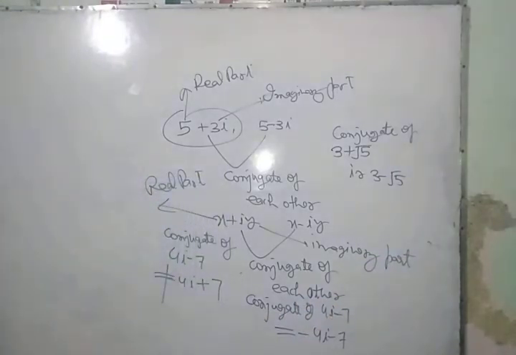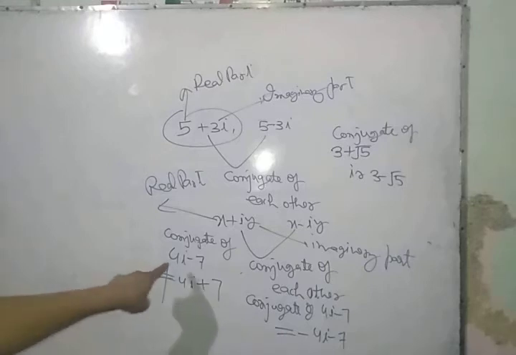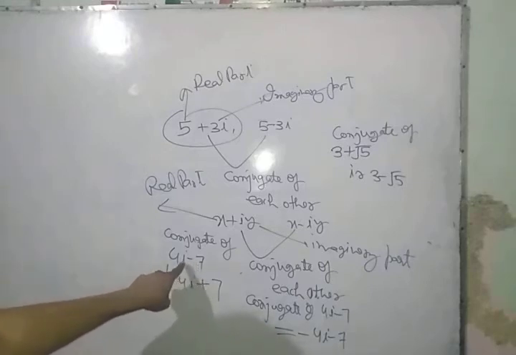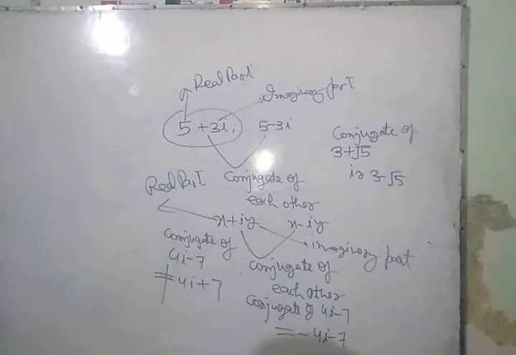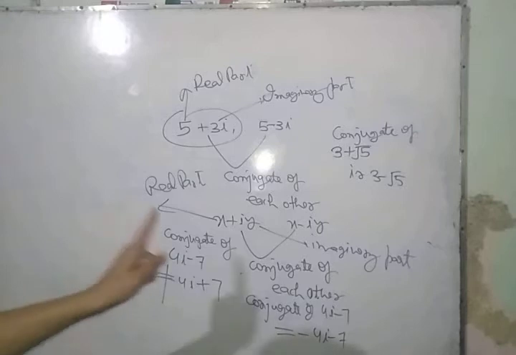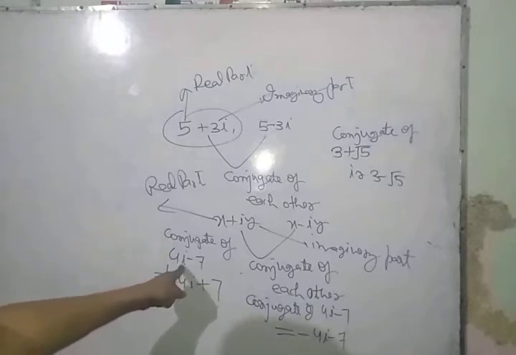So once again listen carefully. To find the conjugate of a complex number means to change the sign of imaginary part. So what is the imaginary part of 4i minus 7? The imaginary part of 4i minus 7 is 4i. So in order to find the conjugate of 4i minus 7, we have to change the sign of 4i.